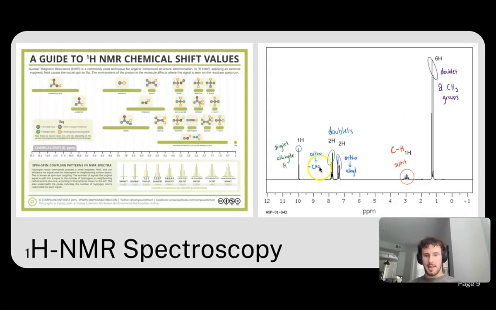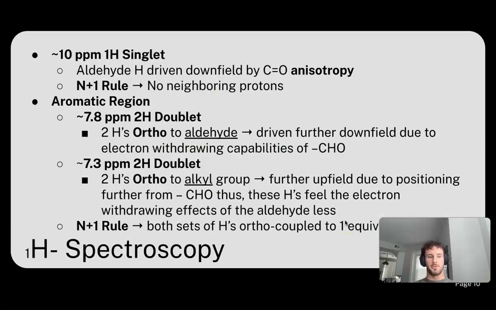Then looking at these 2 doublets here, we see one a little more downfield than the other, as we spoke about with the carbon. It is a little more downfield because these hydrogens are positioned ortho to that aldehyde, and the other 2 are ortho to the alkyl group, bringing them a little more upfield.